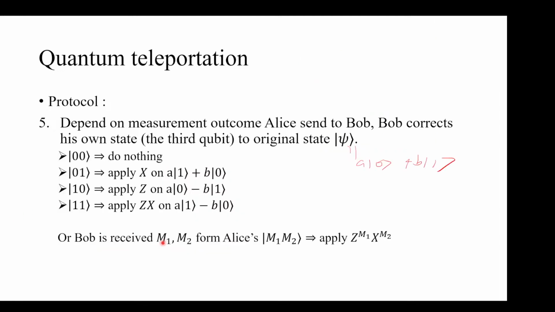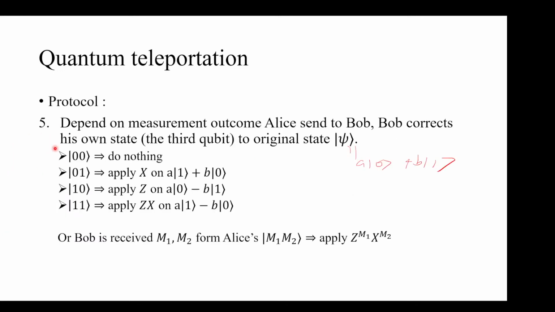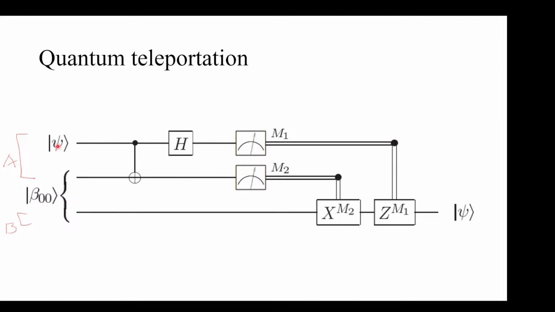And then maybe the information is your measurement outcome M1 and M2. But it's pretty easy to see that M1 and M2 also contain no information about psi, because as we just showed here, M1 and M2 is drawn with uniform probability 1/4. This probability 1/4 doesn't depend on your A and B at all. So M1 and M2 also contain no information about your state.